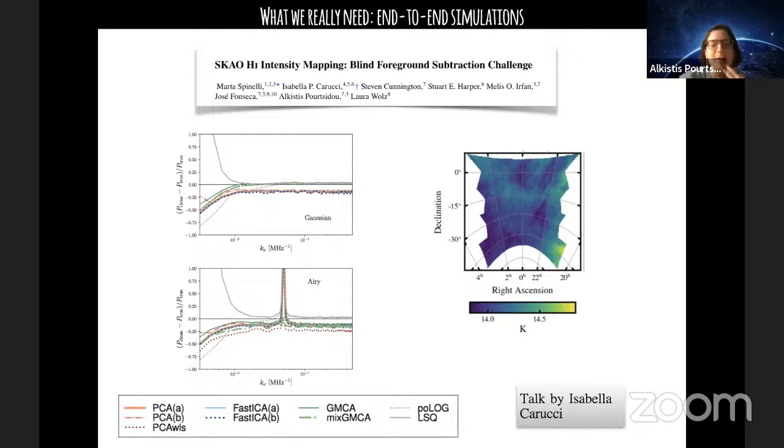If you missed Isabella's talk earlier, please go and see it, because this paper really shows what happens with your foreground removal techniques, for example, if you put a bit more realistic beam in the simulations, etc. So I hope we will continue this work.